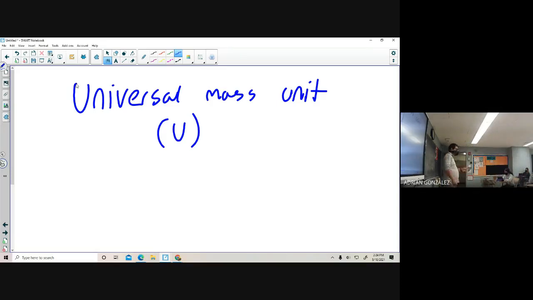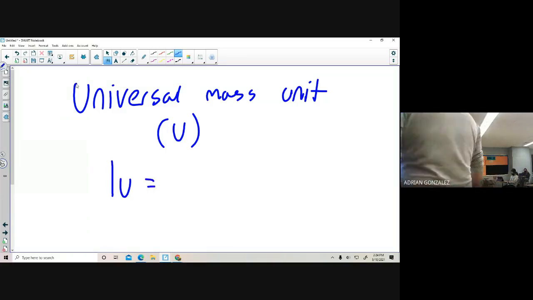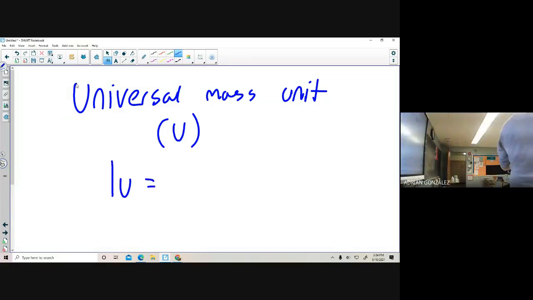So, when scientists decided to create this, they said, okay, what are we going to make this thing equal to? What real life thing can we compare it to so we can say one universal mass unit is always equal to this? And therefore you can compare, right? If you know 1 is equal to this, then when you start talking about 2 or 3 or 3.5, you have something you can compare it to.